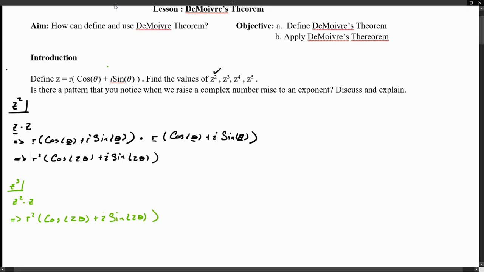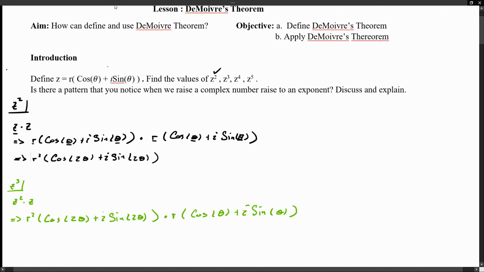Now I have to multiply this by another z, which is r cosine theta plus i sine theta.